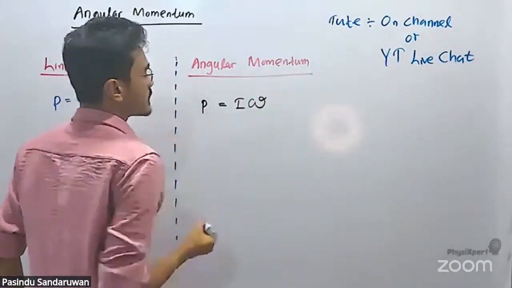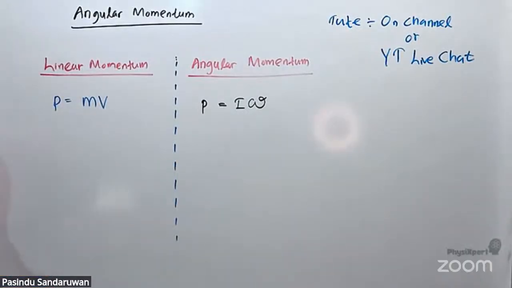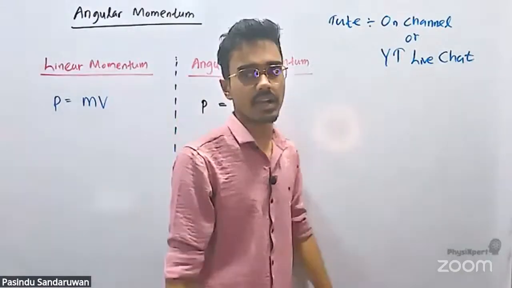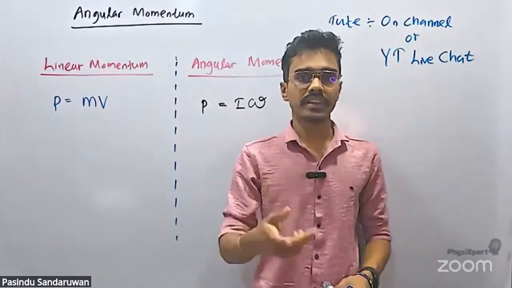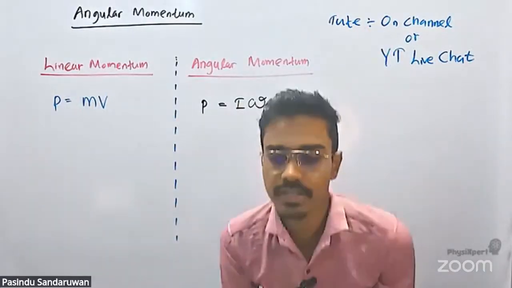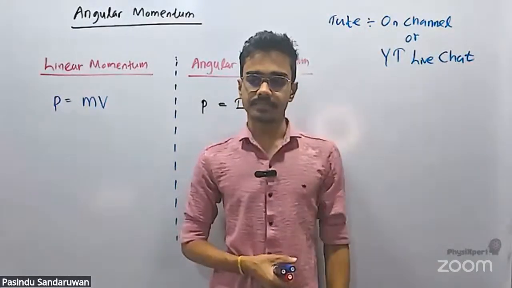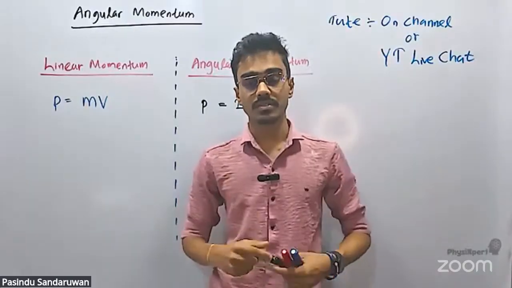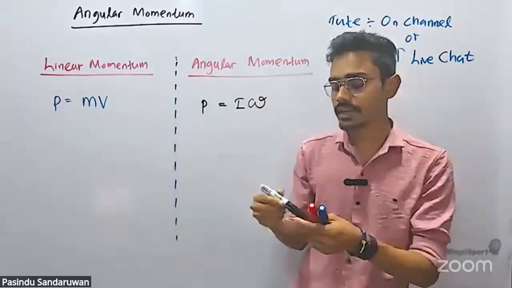So angular momentum is defined as I omega. P equals I omega, where I is moment of inertia, and omega is angular velocity, and p is angular momentum.